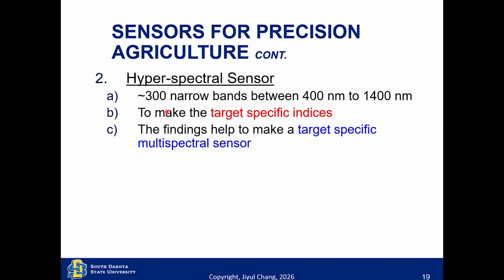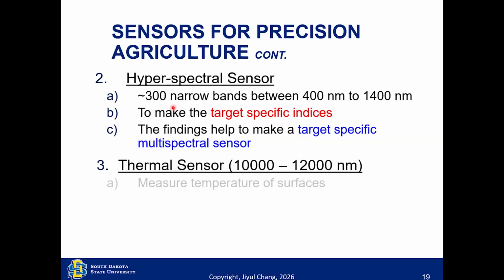This one is not easy to use, so mostly researchers use it. From these 300 narrow bands, they try to find certain bands for certain target issues, then select those bands and make a multispectral sensor based on their findings. So the hyperspectral sensor is mostly good for research.